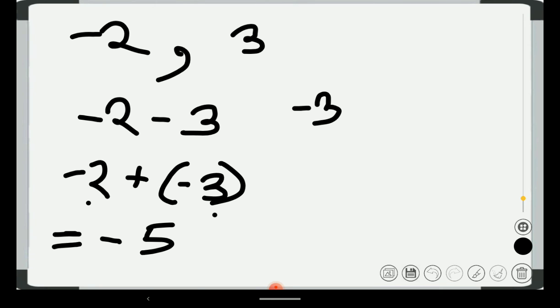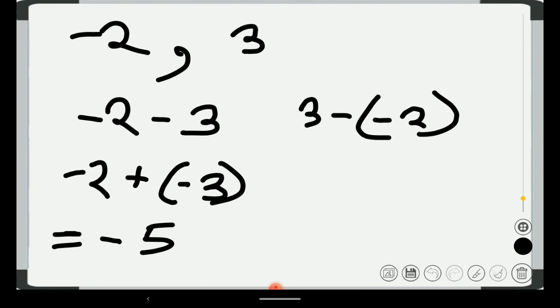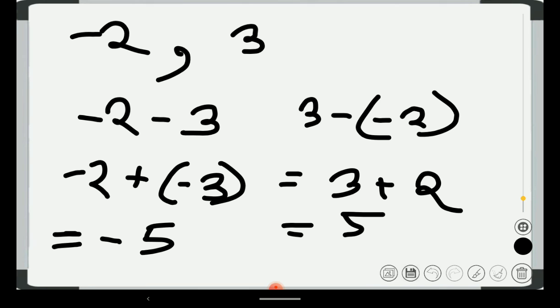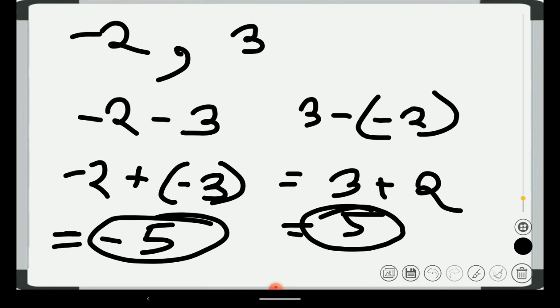Sorry, it will be 3 minus of minus 2, which is equal to 3 plus 2. By taking the additive inverse, you get 5. As you can see, both are in the category of integers. So they follow the closure property.